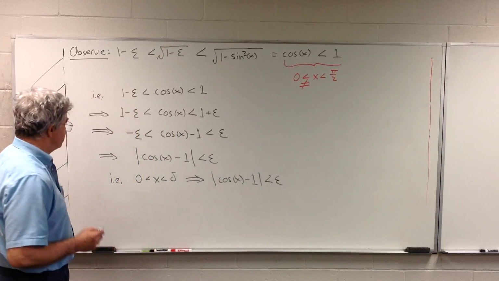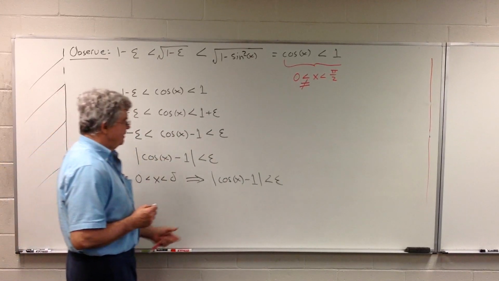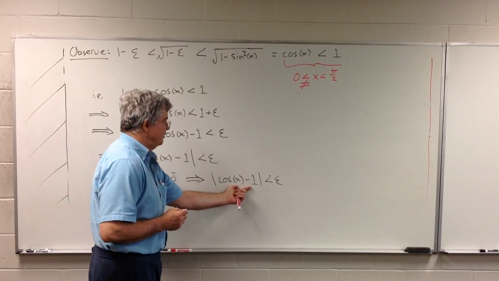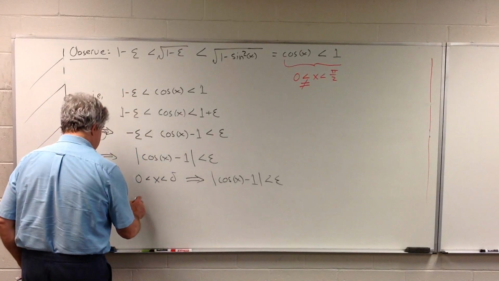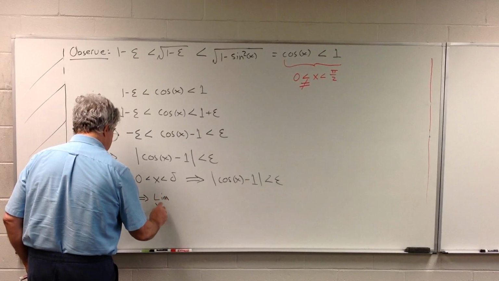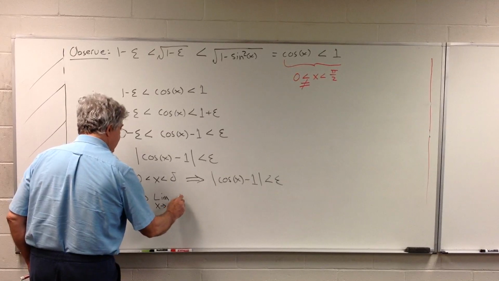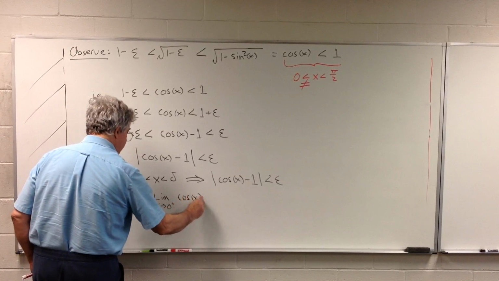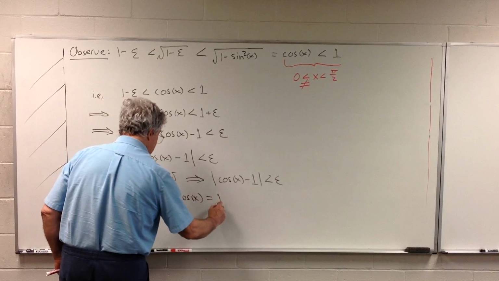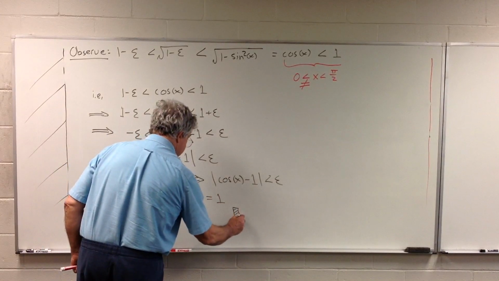X less than delta tells us cosine of x minus 1 is less than epsilon. And what that means is the limit as x approaches 0 from the right of cosine of x equals 1, which is what we were trying to show in the first place.